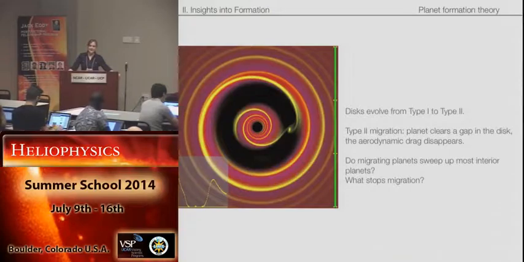There's a lot of debate about whether it's the disk that's driving the planets in, or whether it's planet-planet scattering that's driving them in. And Eric Ford has done some interesting work that suggests that what's happening is that the disk is clearing.